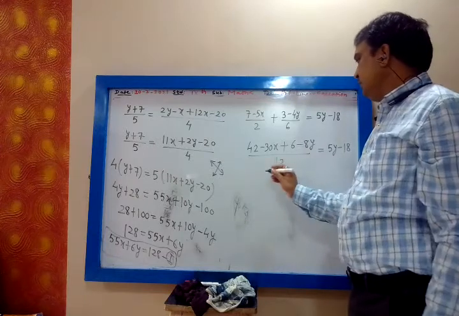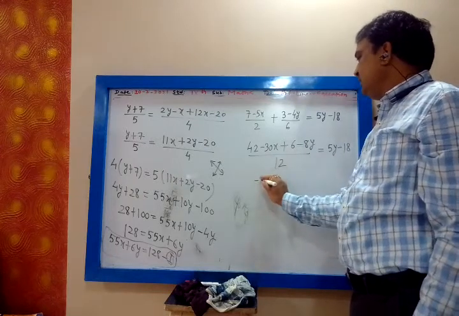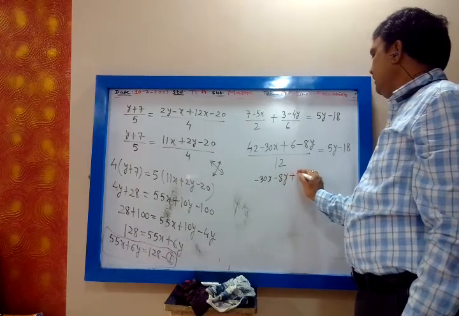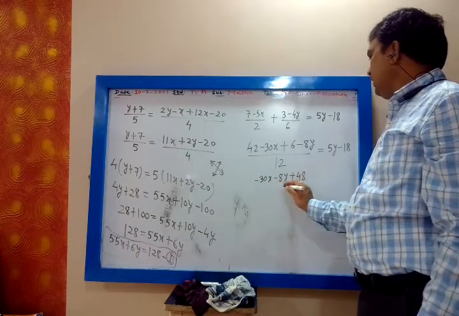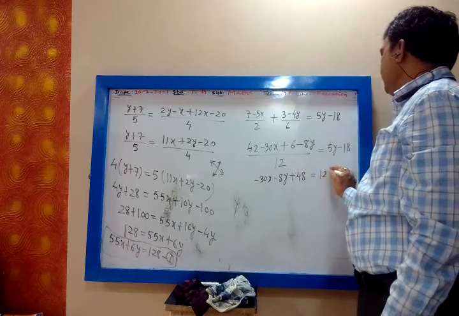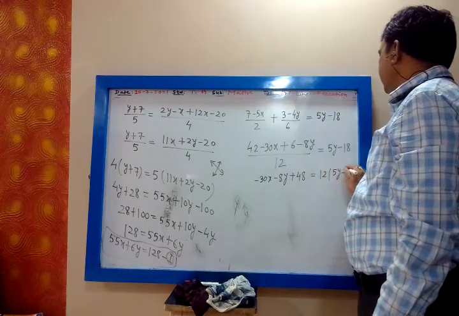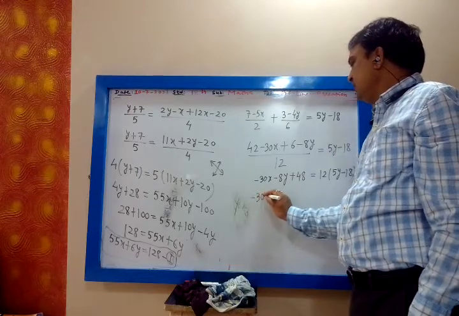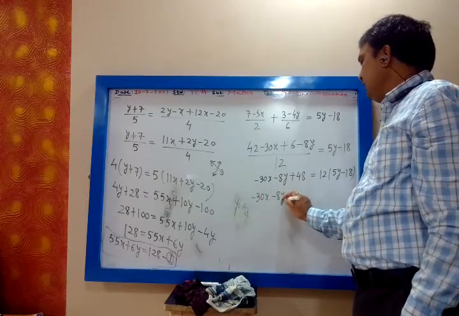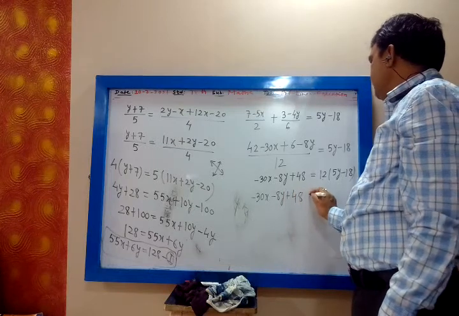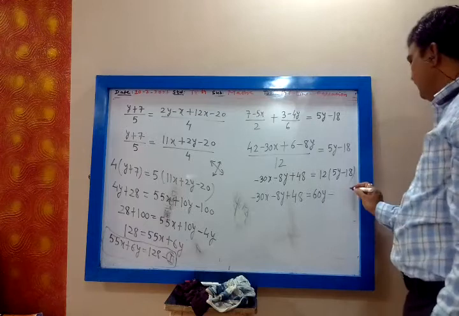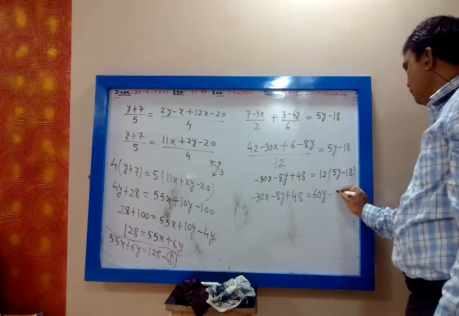So minus 30x minus 8y plus 48 is equal to 12 into 5y minus 18. Cross multiply. So minus 30x minus 8y plus 48 is equal to 60y minus 12 into 18, 216.